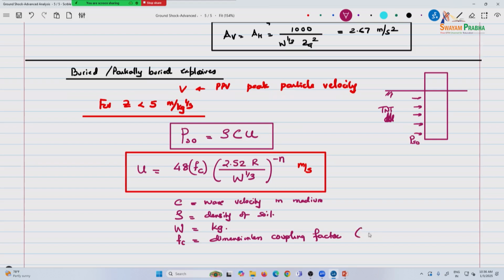And this is 1.0 for fully coupled systems. When you say fully coupled, it basically means fully buried.